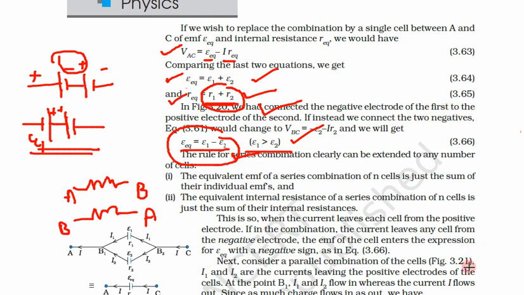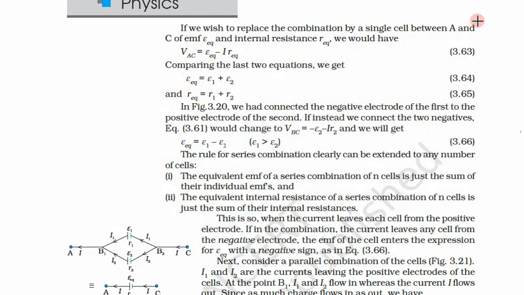So for positive-negative connection, equivalent EMF is the sum of both of these, epsilon 1 and epsilon 2, and resistance equivalent is R1 plus R2. But if positive is connected to positive, negative is connected to negative, then there is a difference, epsilon 1 minus epsilon 2, while this resistance will remain the same.